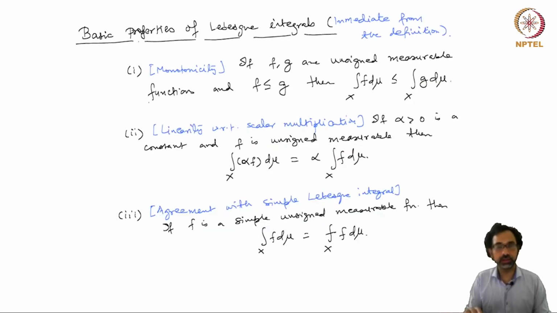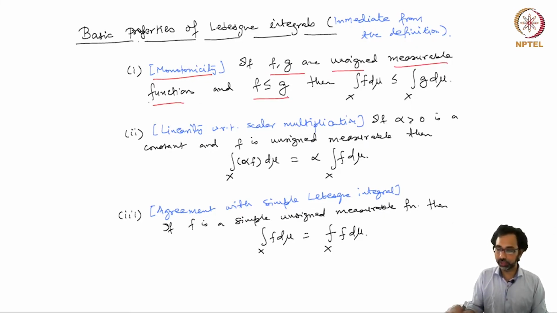Now we look at some immediate basic properties for the Lebesgue integral, which are immediate from the definition. The first one is monotonicity, which says that if f and g are unsigned measurable functions and f is pointwise bounded by g, then the Lebesgue integral of f is less than or equal to the Lebesgue integral of g.